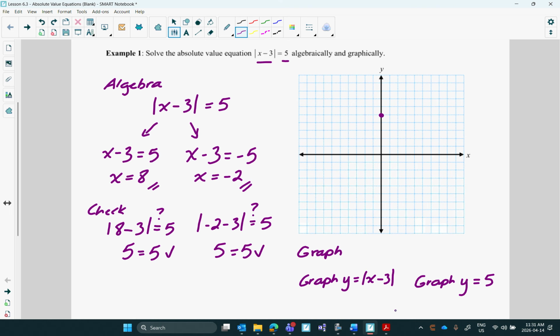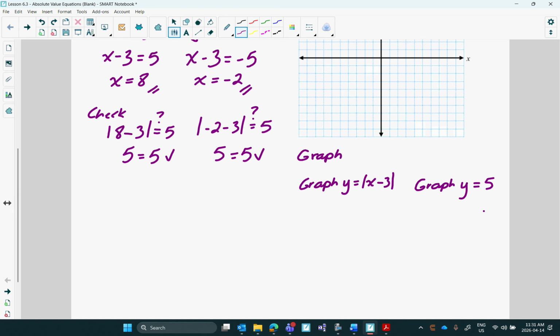Here, here, here, forever? What kind of line? Horizontal. So that's the horizontal line.